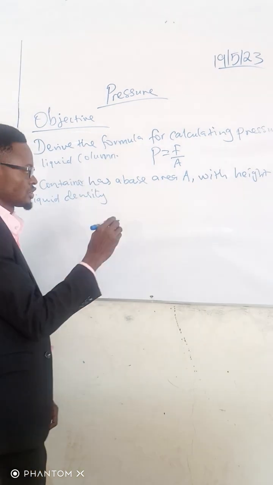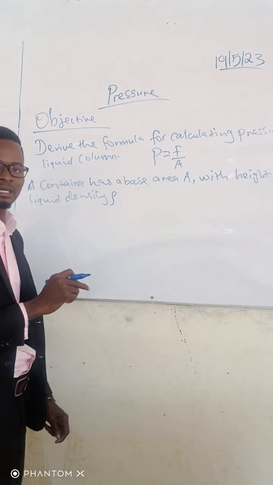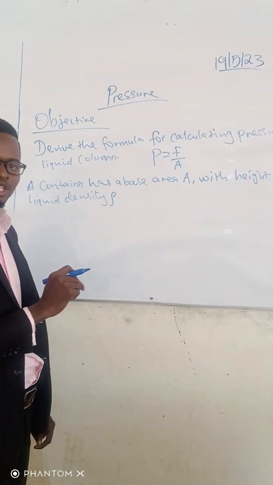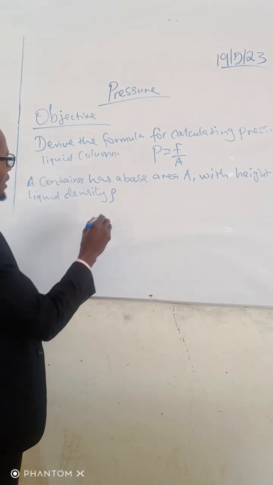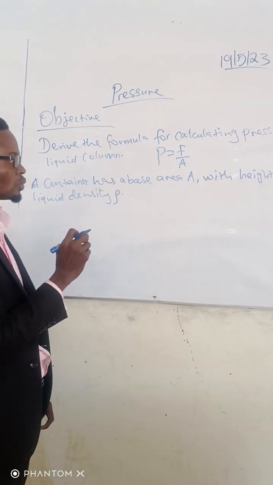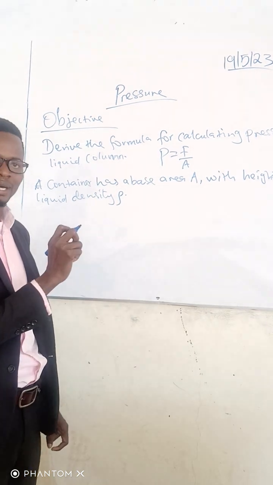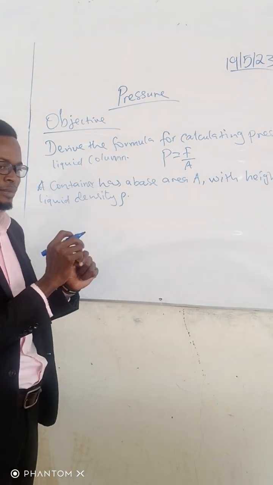This liquid density, we represent density with this notation called rho. So how now can we calculate the volume and the mass of that container?